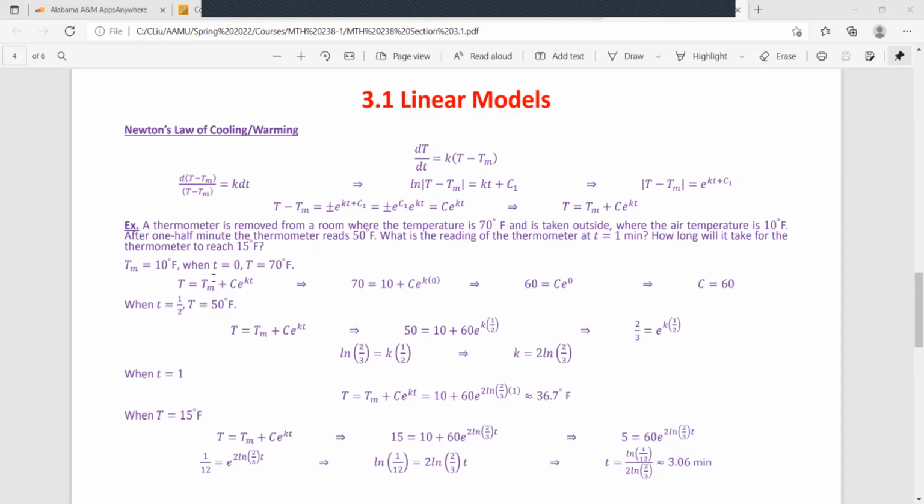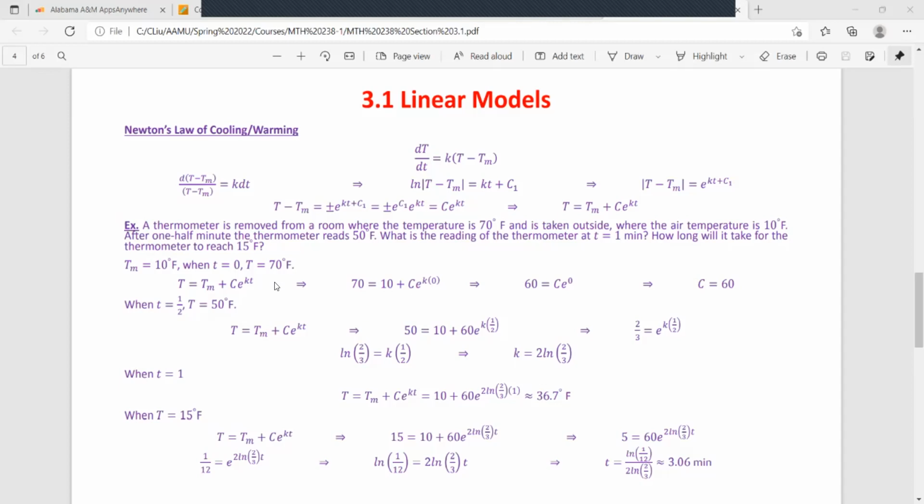That's the outside temperature. So we also have the initial condition: when the time is 0, the temperature is 70 degrees. That's when the thermometer is removed from the inside to the outside.